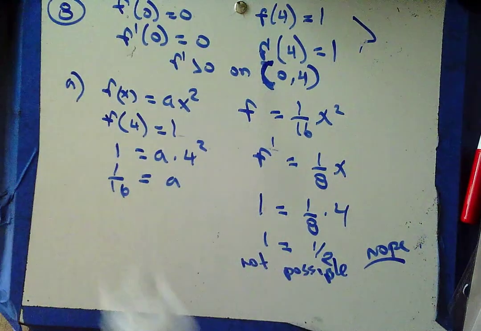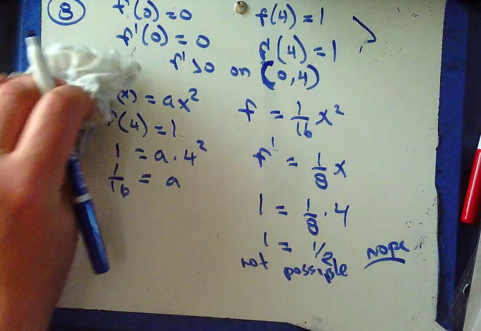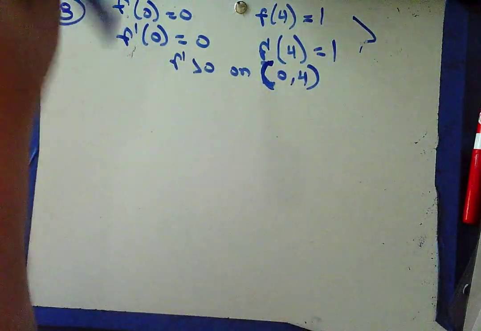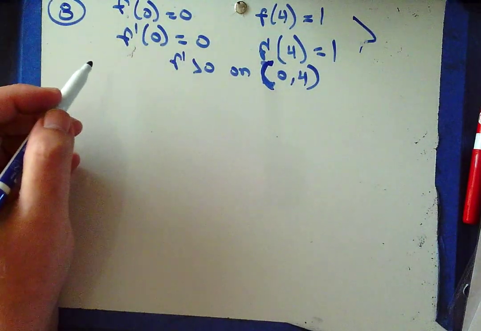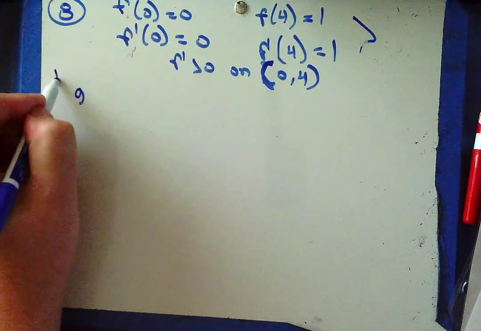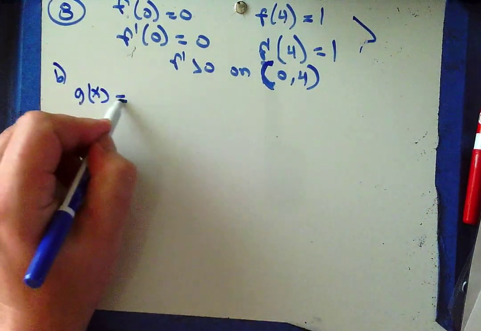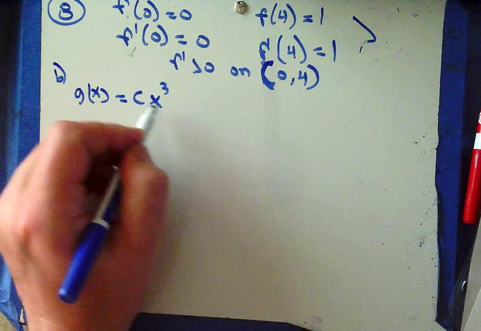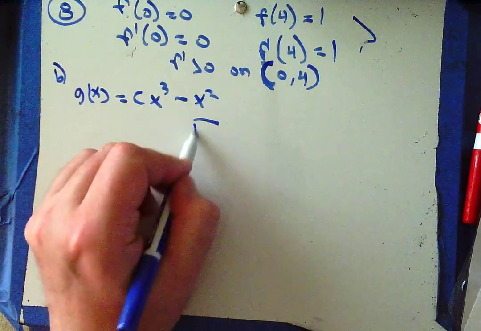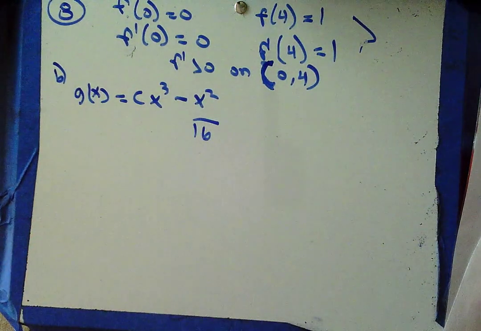Okay, there's part A. What about part B? Part B says, what about g of x? G of x equals c x to the third minus x squared over 16.